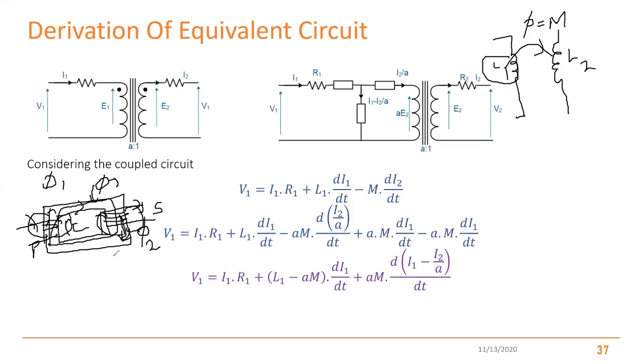You can understand that the flux linkage can be written as inductance times current.